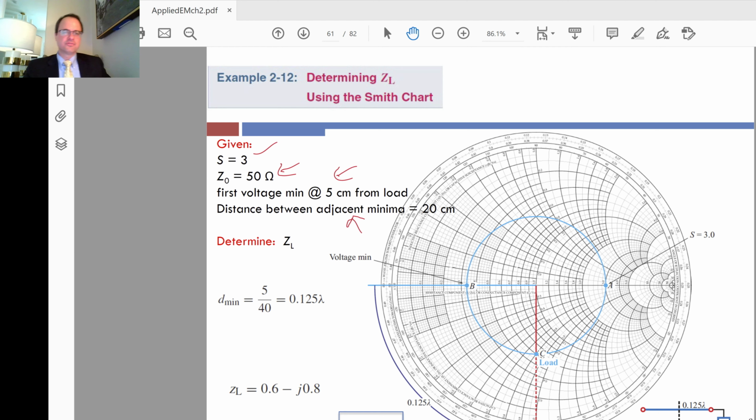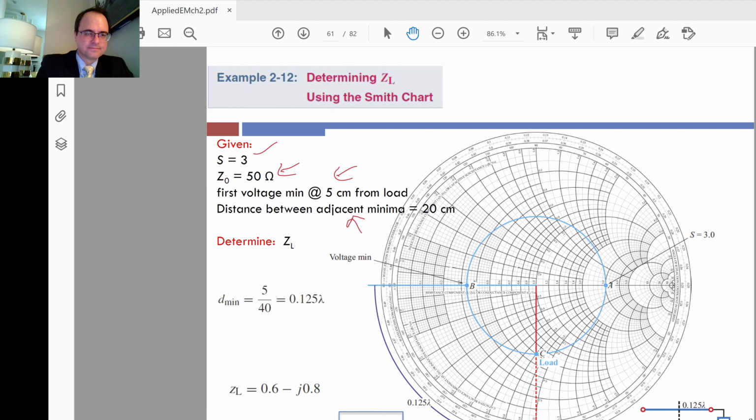Well, okay, so first of all, we know that the distance between adjacent minima of the voltage along the line, those are spaced at lambda over 2, a periodicity of lambda over 2. And so we know that our wavelength is 40 centimeters. Okay, so that 40 is our lambda.